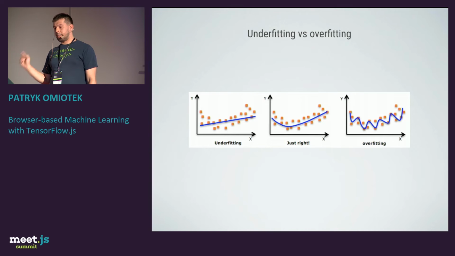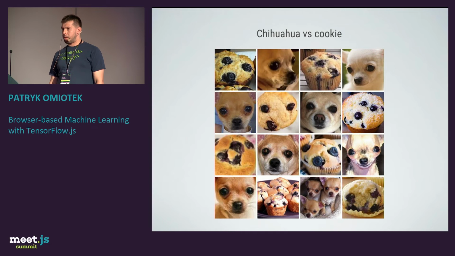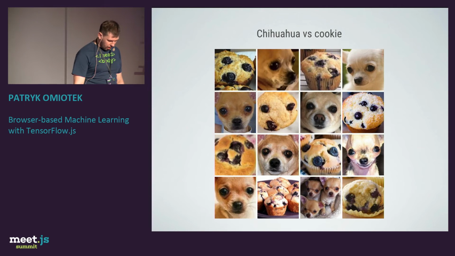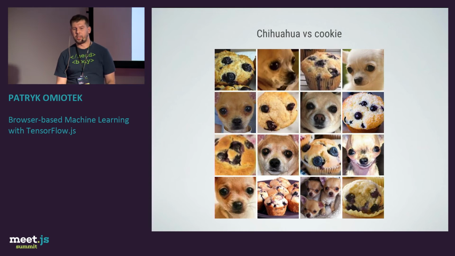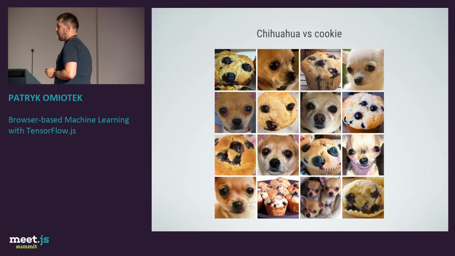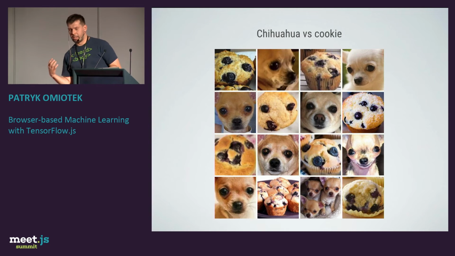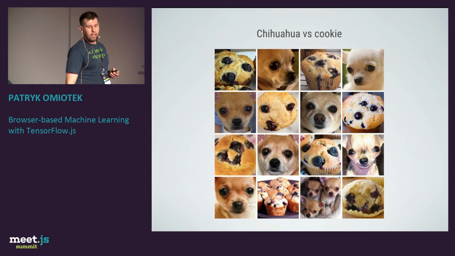Because your models could be underfitting or overfitting, and if you have an overfitted model, you could get something like that. For new data, your model can predict that a Chihuahua and a cookie look the same, right? We as humans can make a mistake.